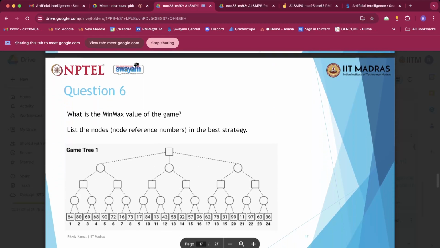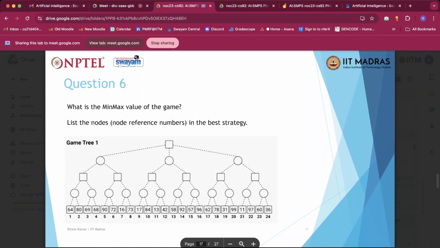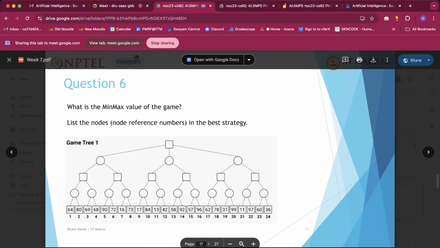The first method that we are going to use to solve this particular game tree is the min-max strategy, and that will be similar to what we just did in the case of the win, loss and draw problem that we encountered a few minutes ago. Similarly we have to fill out the rest of this game tree, just that instead of win, loss and draw, here we have actual numbers or integers.